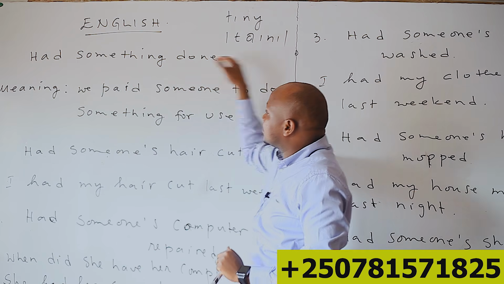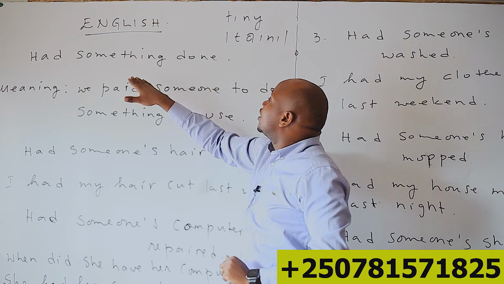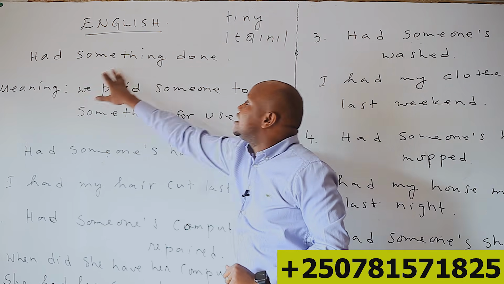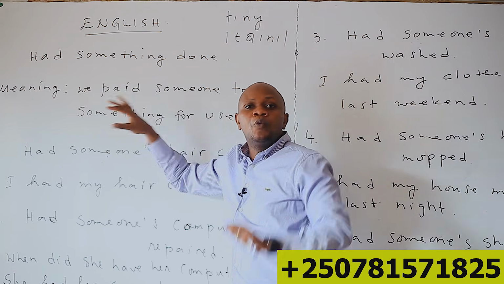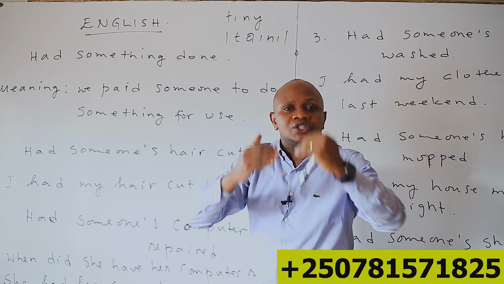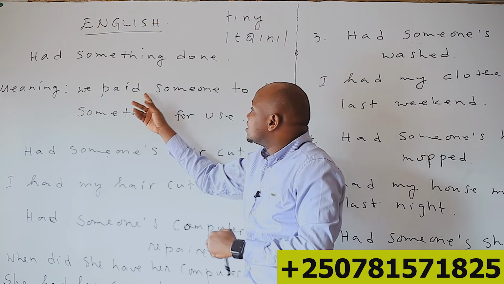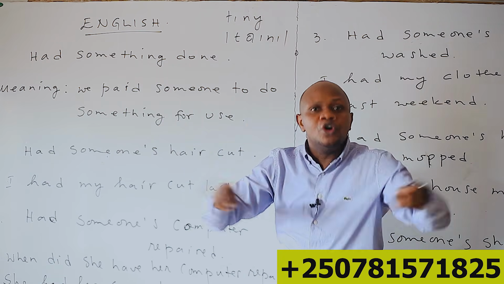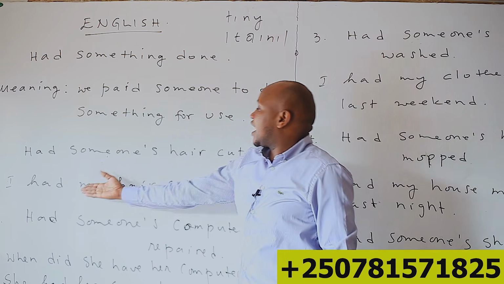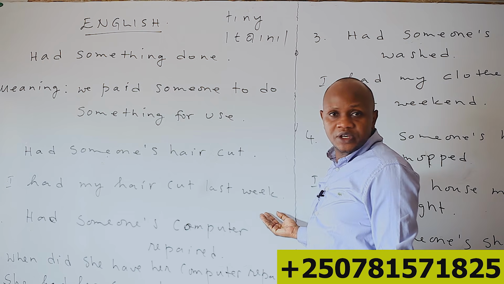Then had something done means that we paid someone to do something for us. We paid. We got the service because we paid someone to do something for us. For example, you can say, I had my hair cut last week.